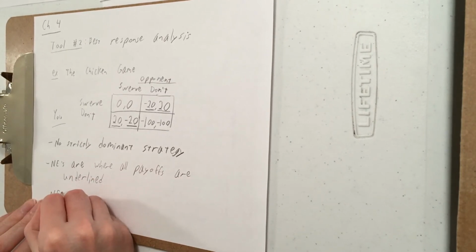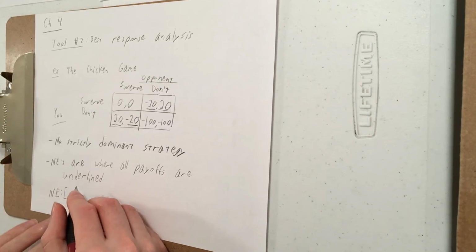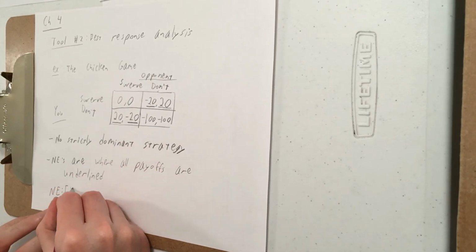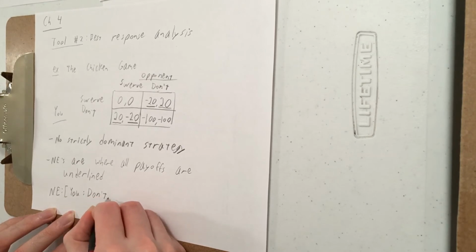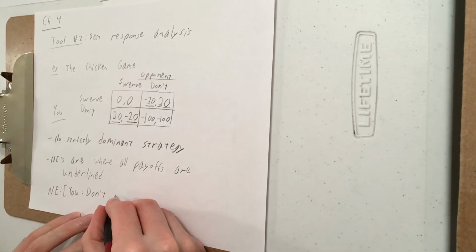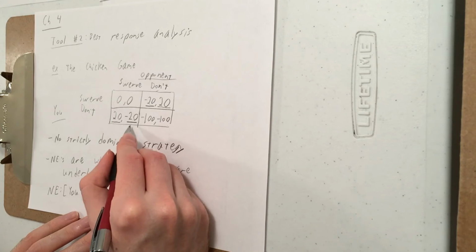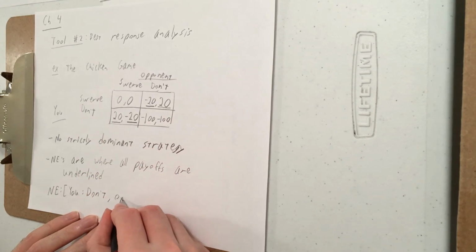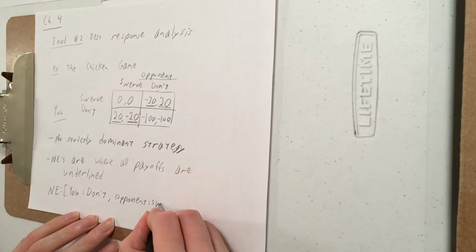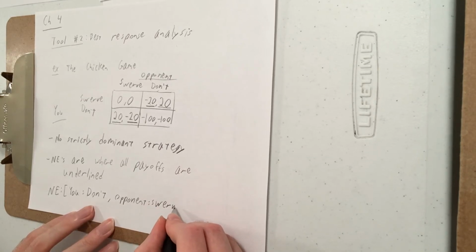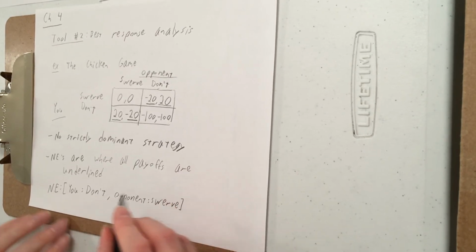So here we have 2 Nash equilibria. Let me restate that. There's one where you play don't swerve and your opponent swerves.